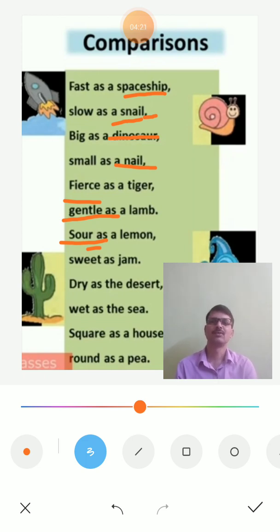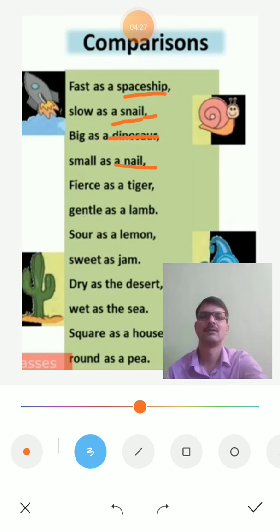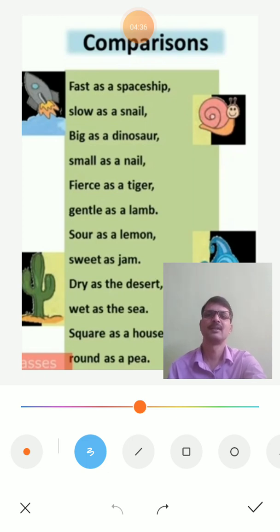Now we are going to learn this poem in detail. Look at here. Fast as a spaceship and slow as a snail.